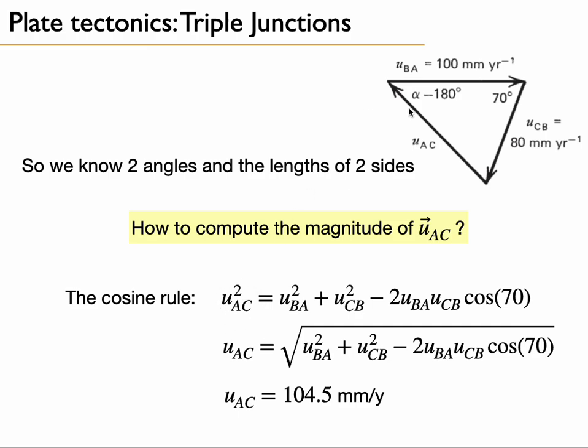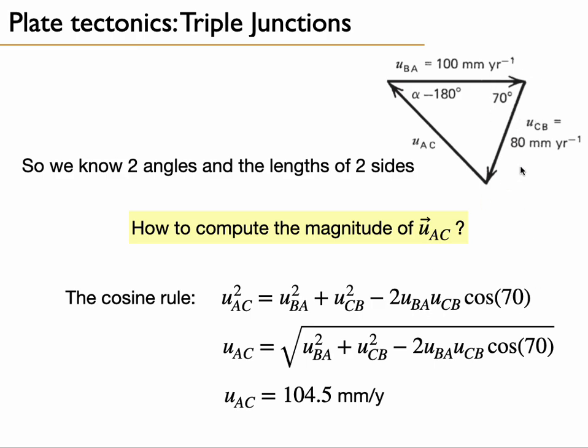The length of this side of the triangle squared is the sum of UBA squared plus UCB squared minus 2 times UBA times UCB times the cosine of the angle which is opposed to the segment of interest. So the angle in front of UAC is the angle of 70 degrees, which is known.